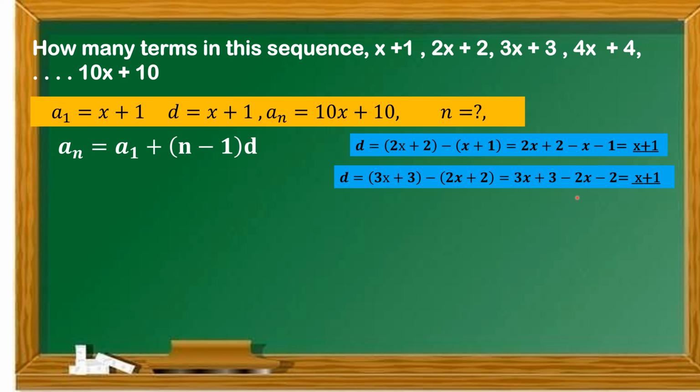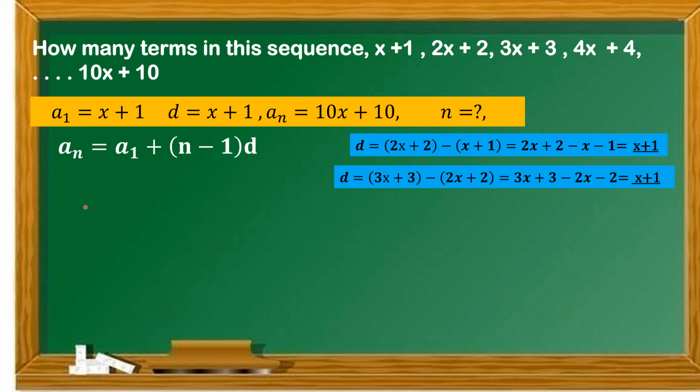So this will become negative 2x, and negative times positive 2, we have a negative 2. To further simplify, 3x minus 2x, we have an x, and a positive 3 plus negative 2, we have a positive 1. So it is already a proof that our x plus 1 is a constant difference. Therefore, our common difference is x plus 1.